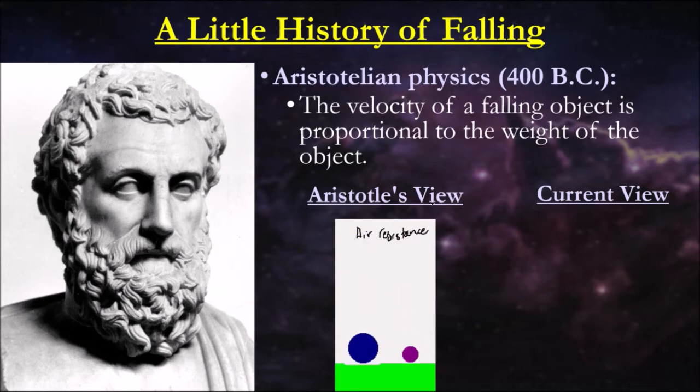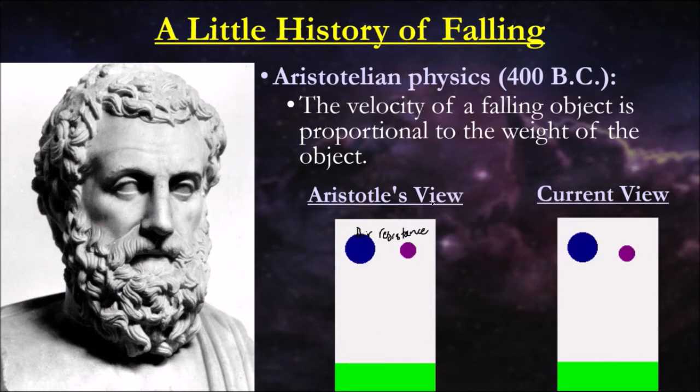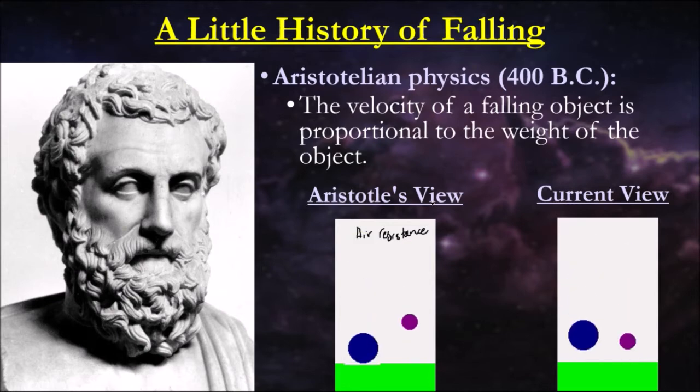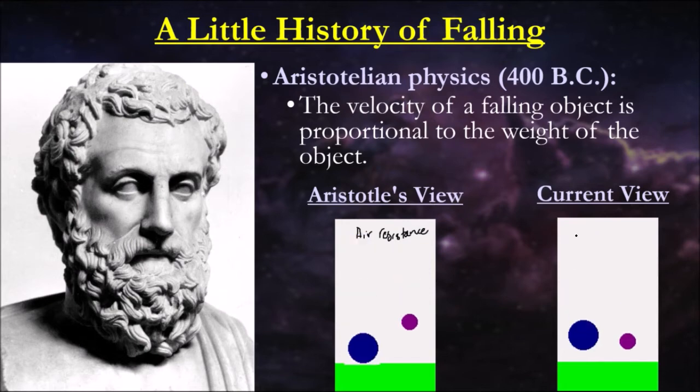But what we actually know is that any object that is dropped on Earth, assuming they're dropped at the same height, will fall at the same rate. They're both going to be accelerated at the same rate of gravity.